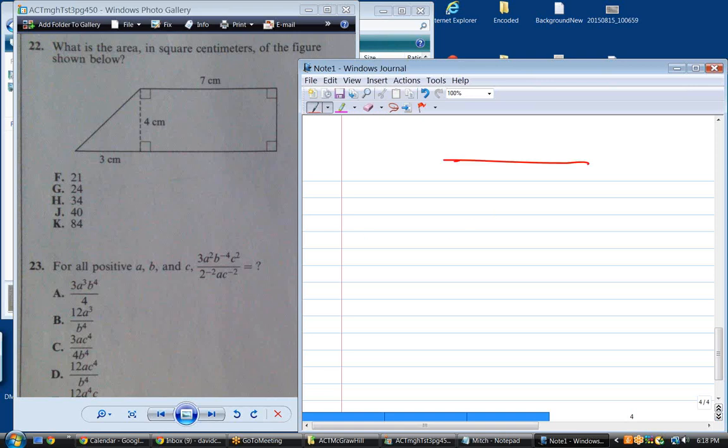Okay, that's correct. And I'm betting that you did it in 2 steps, that you figured out the area of the rectangle and then figured out the area of the triangle. Well, what is this figure, the total figure?